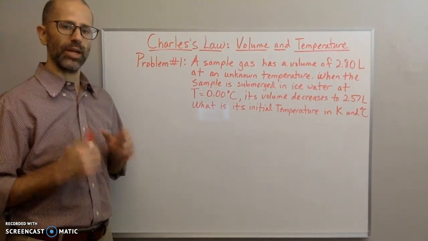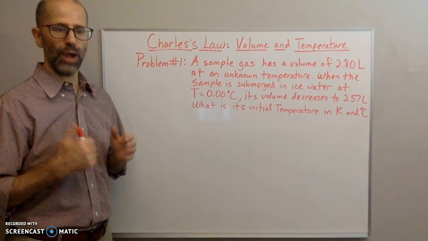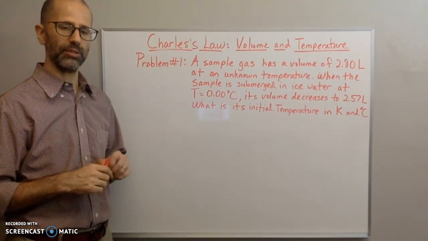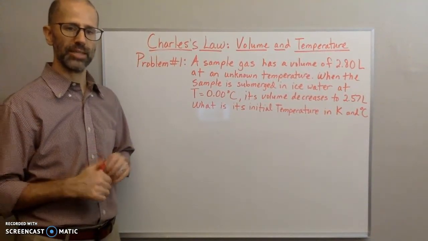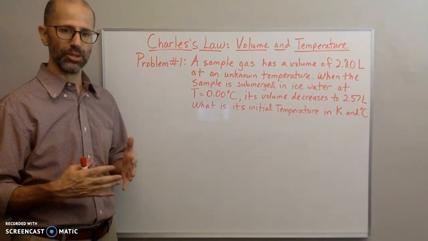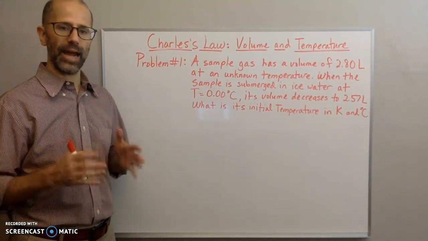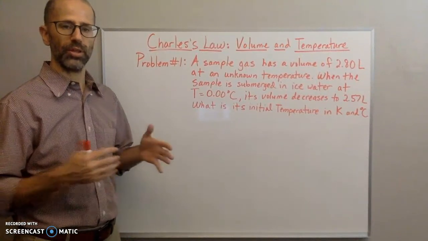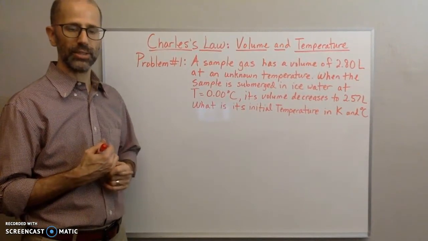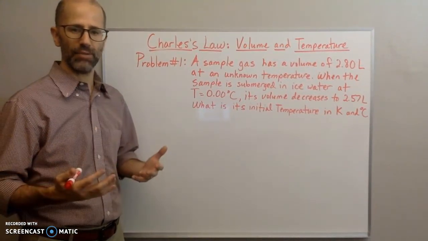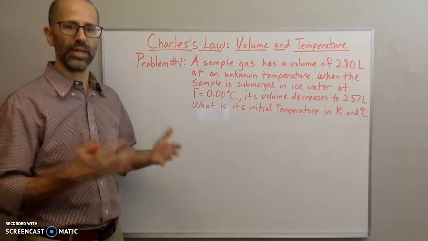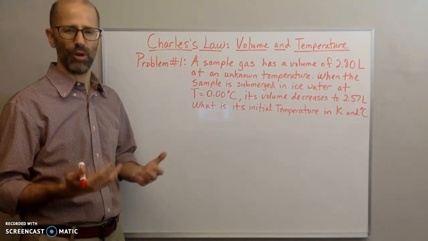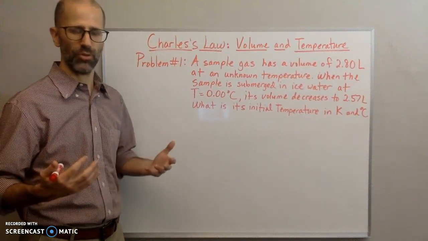However, when it comes to temperature, you have to have your temperature in Kelvin. One of the reasons for that is because Kelvin is the absolute temperature scale and you can't get negative numbers from Kelvin. With Fahrenheit or Celsius, you can get negative numbers, and when you put negative numbers into the equation, you can get negative volumes, which makes no sense whatsoever.